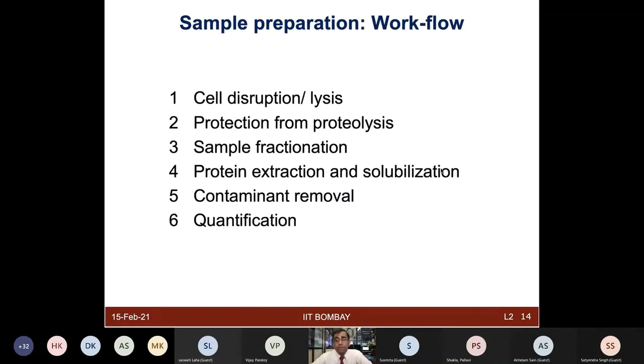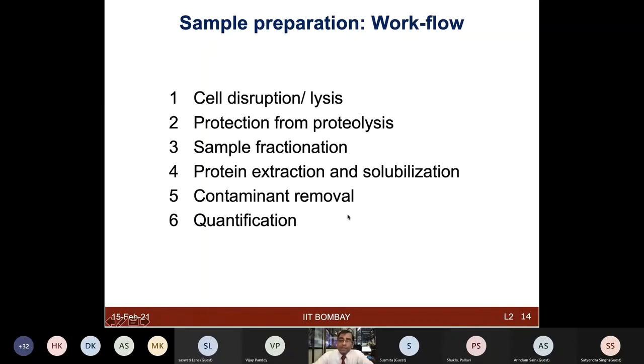So this workflow is going to involve multiple steps, and not in the same order for every single sample type which I showed you, but you are going to primarily look into how best to lyse your cell or disrupt the cell, how to protect them from proteolysis, how well you can fractionate the complex sample to make simplified fractions so that you can get better sample output from those, protein extraction and solubilization strategies, removing the contaminants.